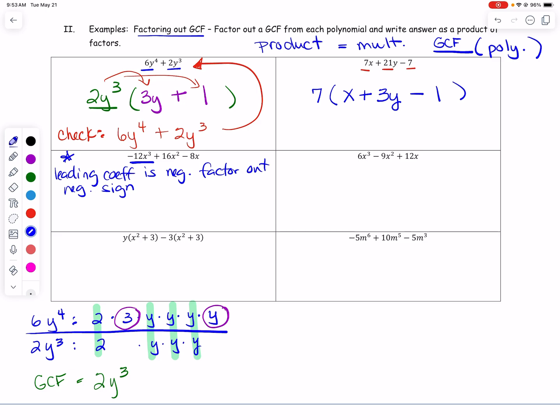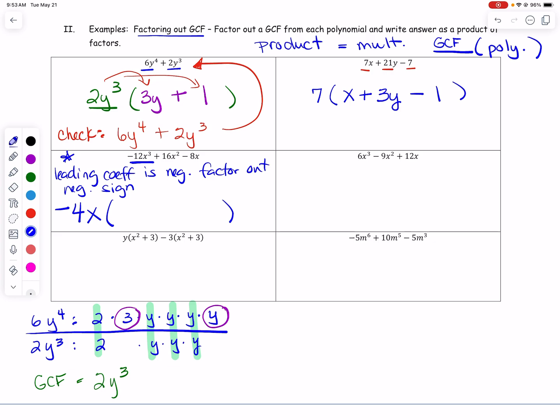So I'm going to look, what is the greatest number that goes into 12, 16, and 8, and that's going to be 4, but I'm going to make it negative since that first term is negative. And then the first one has x cubed, the second one has x squared, and the last one has x. So they only have one x in common.